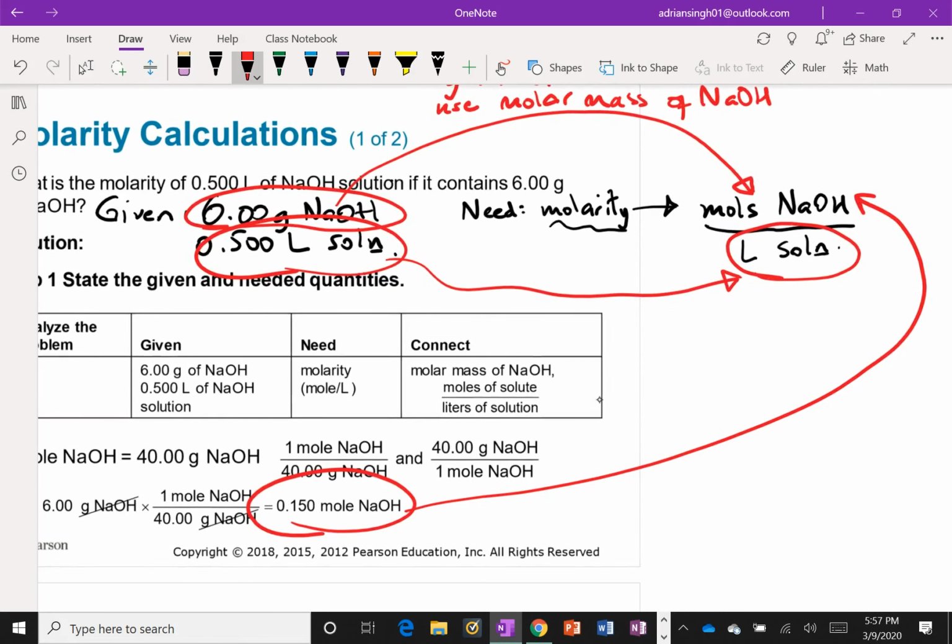Now we can stick that into our relationship. Our molarity is the number of moles, 0.150, divided by the volume in liters, which was given as 0.500 liters.